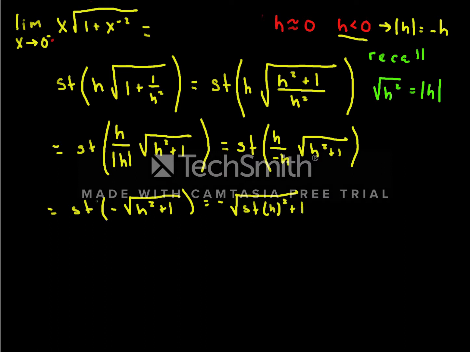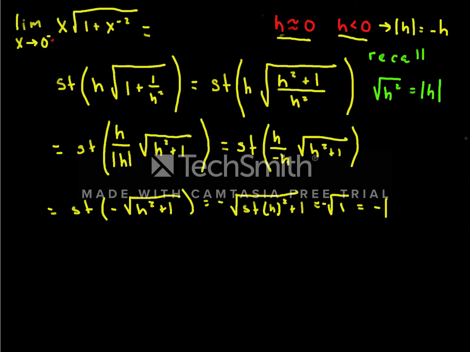Because the standard part now moves past the negative sign and can slide into the square root function, and the standard part of h is 0 because it's infinitely close to 0. So this is equal to, got to carry my negative, right? There's a negative there. This is negative square root of 1, which is simply equal to negative 1. So that is the limit as x approaches 0 from the left of x times square root of 1 plus x to the negative 2.